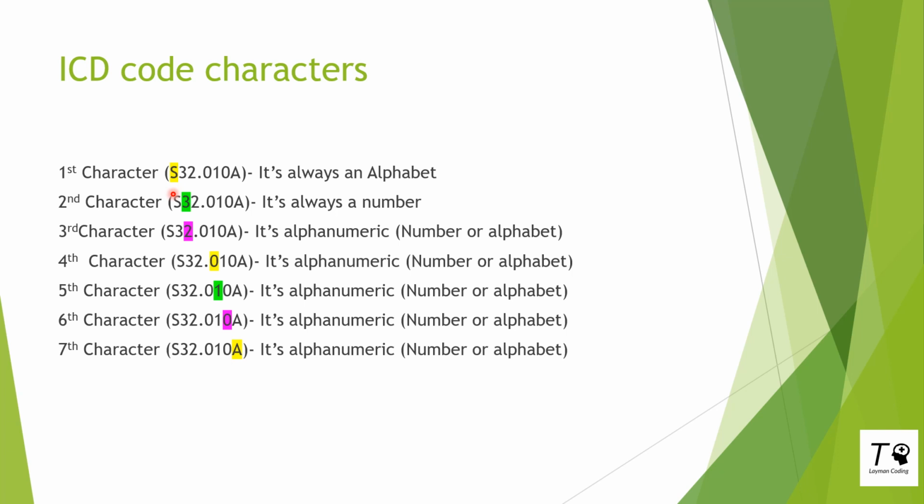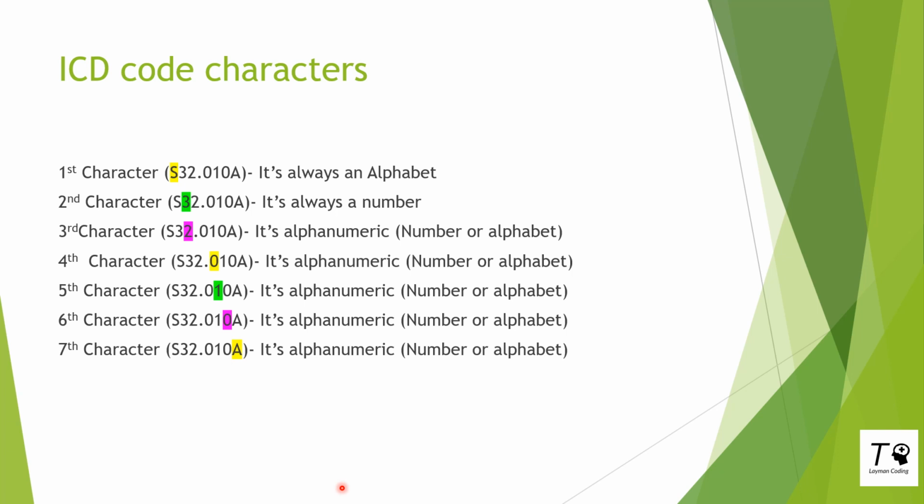We will see more details related to how many chapters we have in our future videos. The second character is always a number. And guys, the third to seventh characters are all alphanumeric. It means they can be a number or an alphabet.